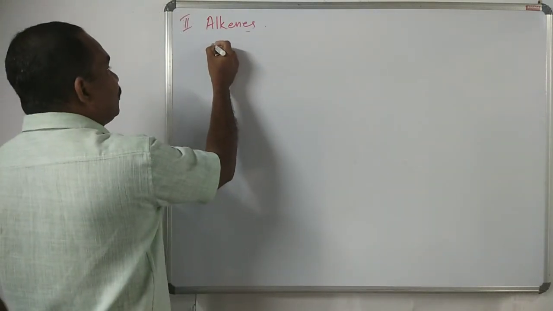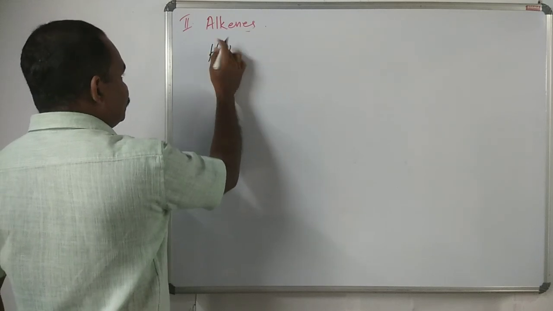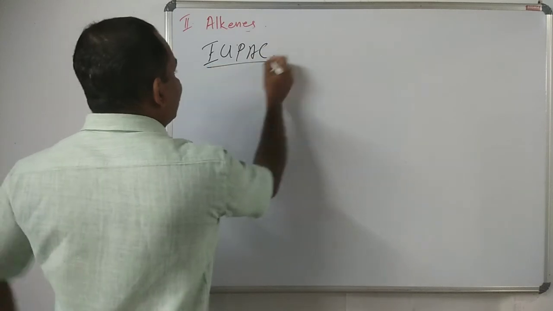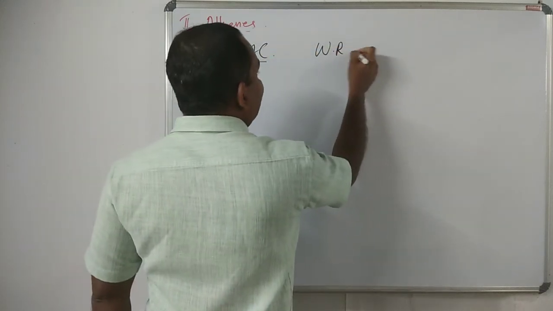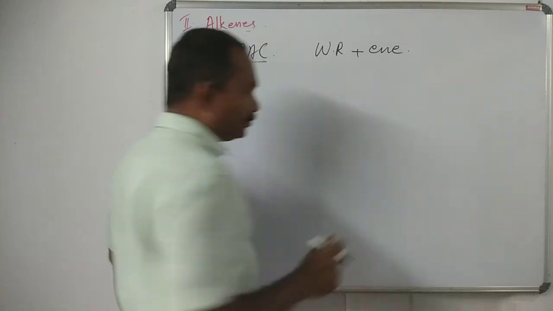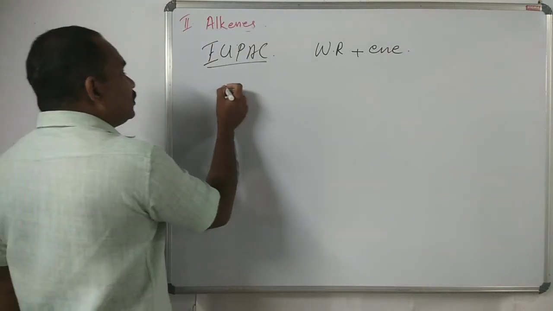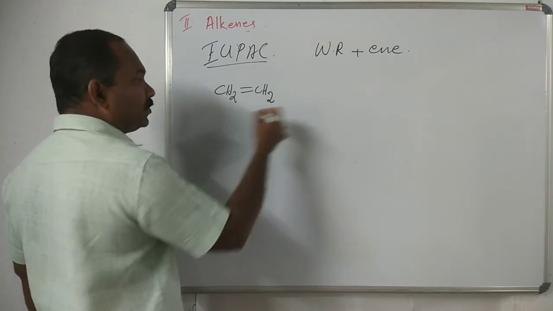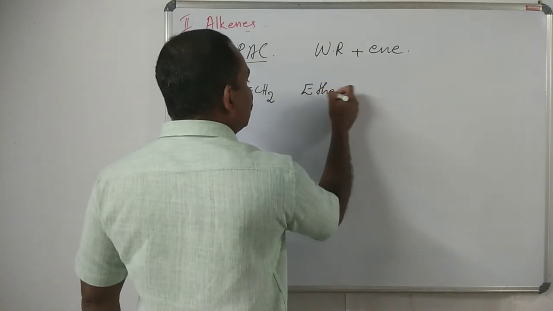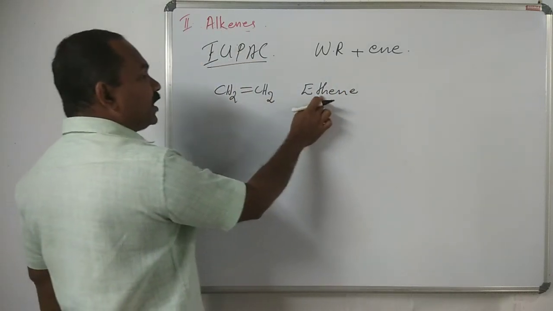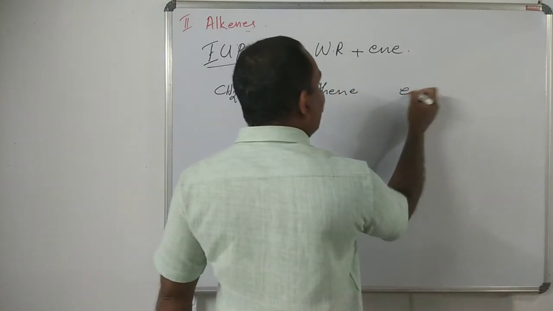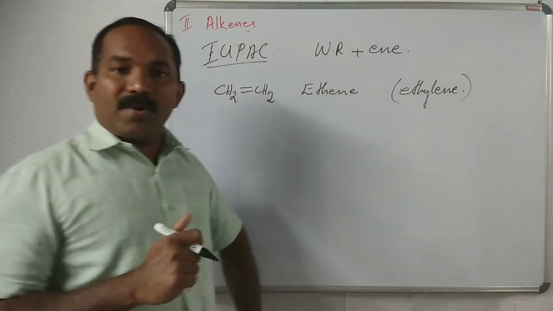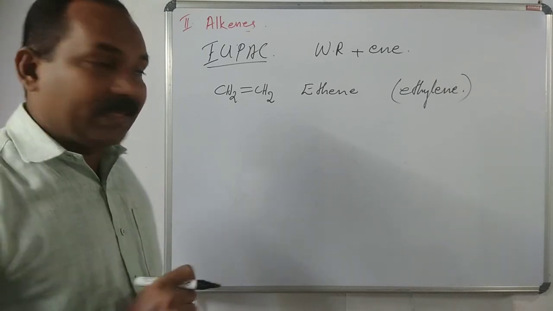IUPAC naming: word root plus ene. The first member is ethene. Why? Two carbon atoms, eth, double bond, ene. The common or trivial name is ethylene.